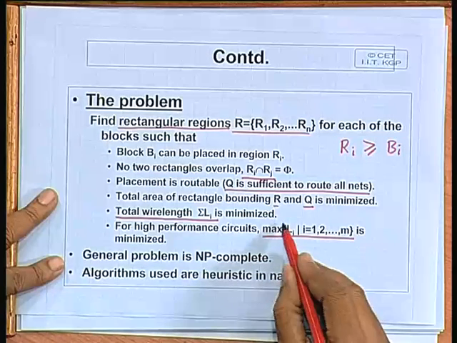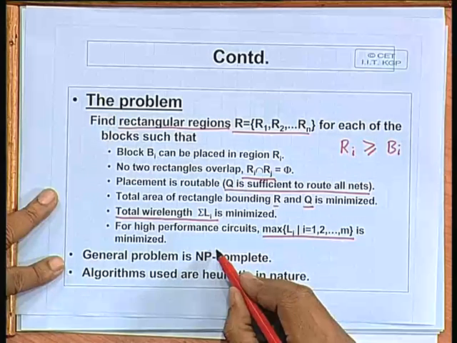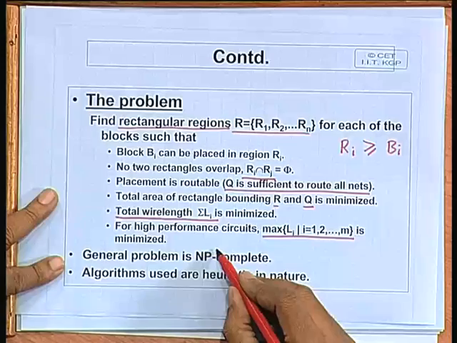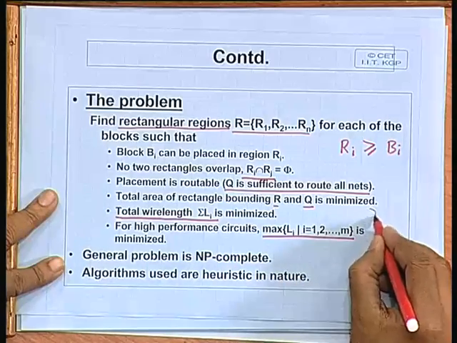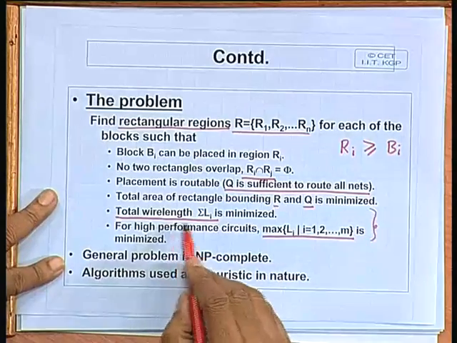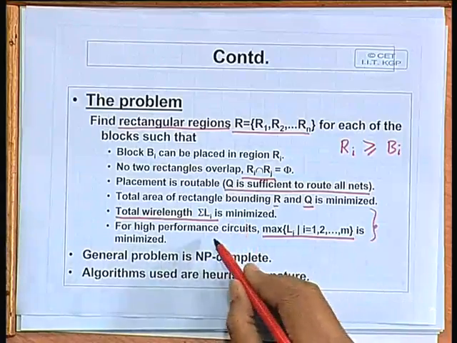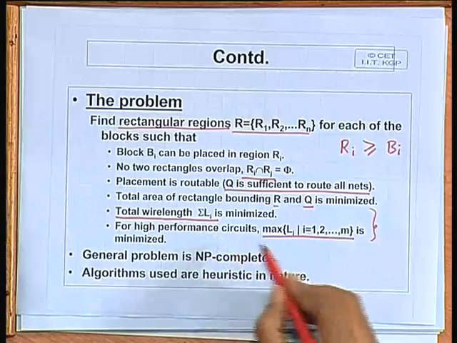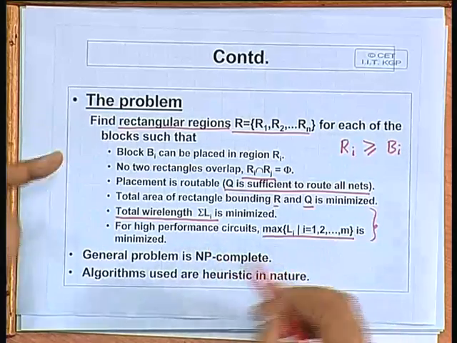The maximum length of a net you may choose to minimize. Well, it depends on your requirement. Either you choose to minimize the overall wire length, where the total wire length will be minimized, or you may choose to minimize the maximum of the wire lengths, so that the total length of the wires will remain within bounds.